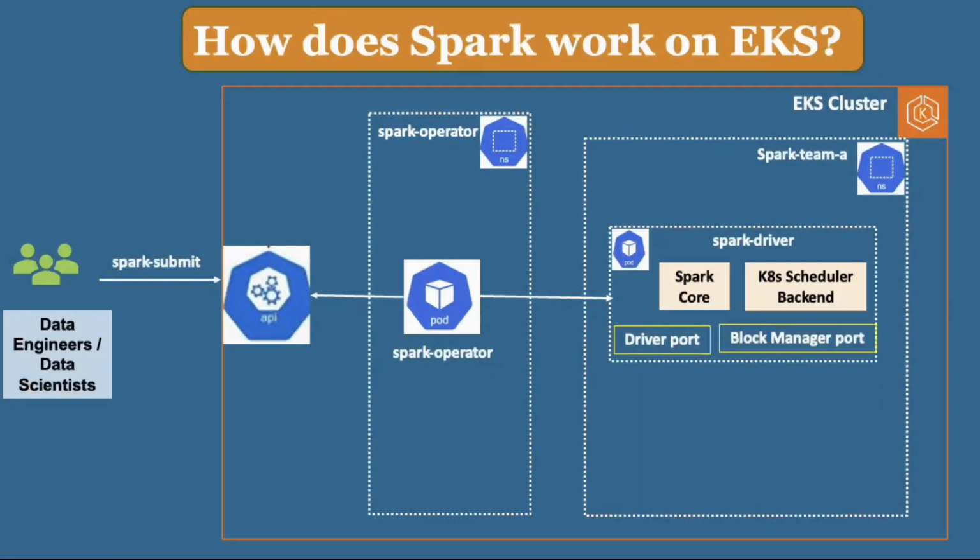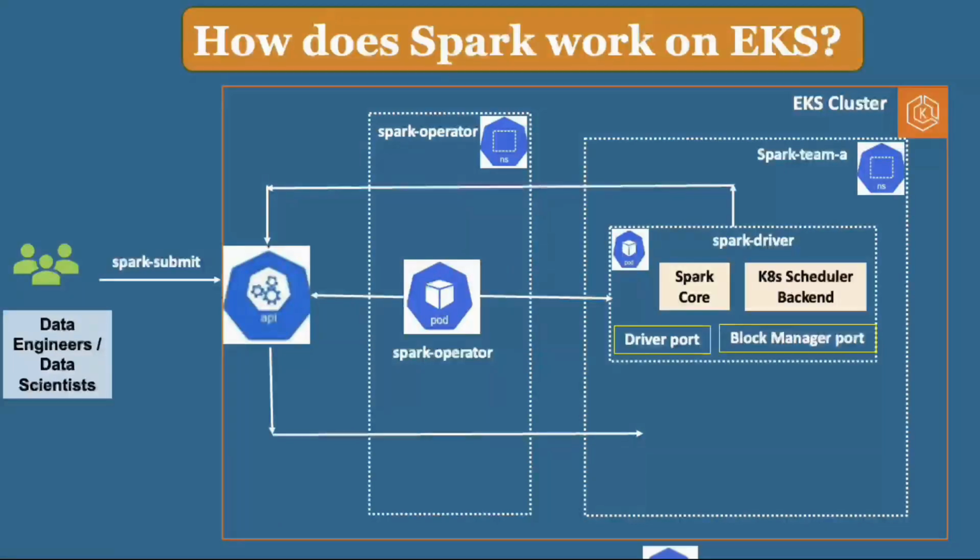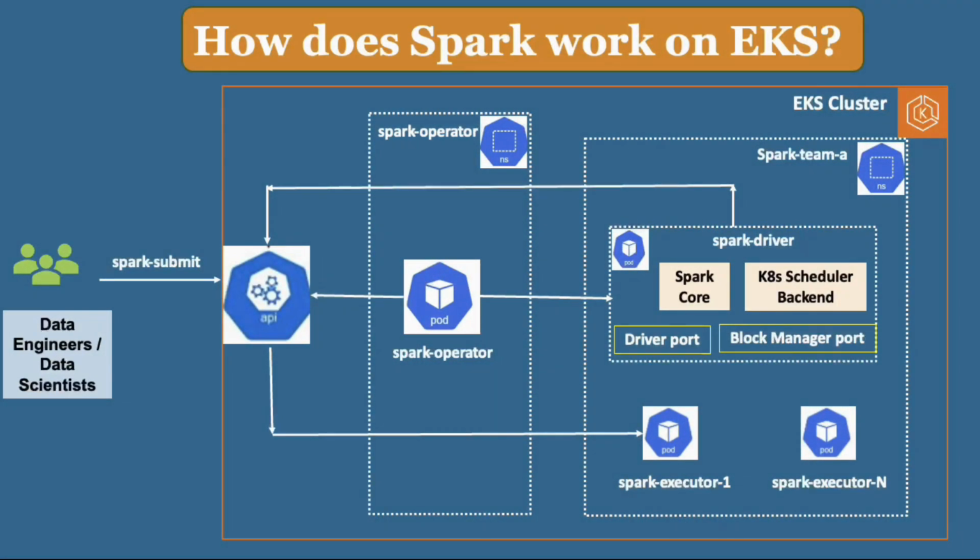One of them is a driver port and another one is a block manager port. And the Spark driver, after executing in the cluster, will request the API server to run the executor pods. And there could be many executor pods running in the same namespace to run the Spark application. And each of the executor pods can have corresponding CPU and memory configuration as defined in the Spark application.